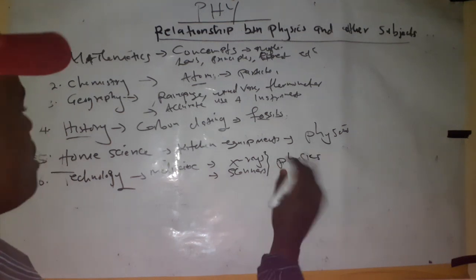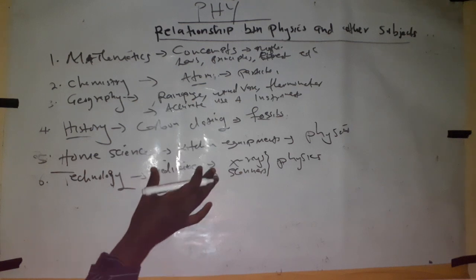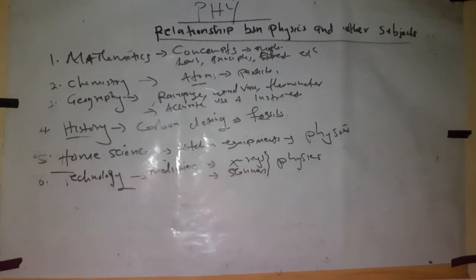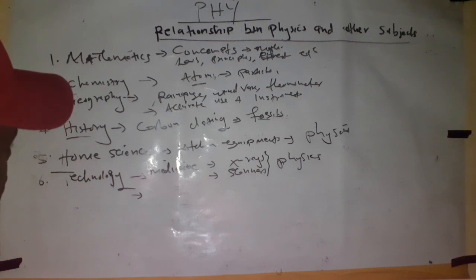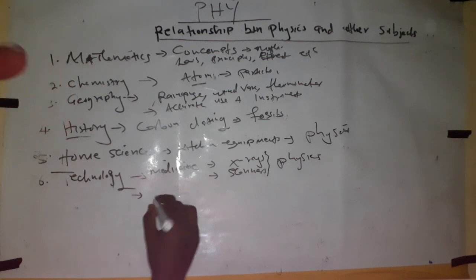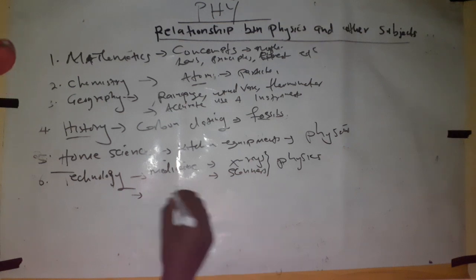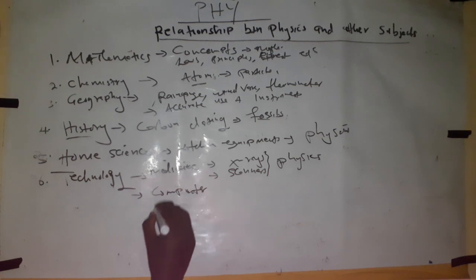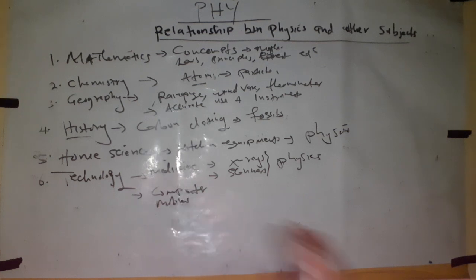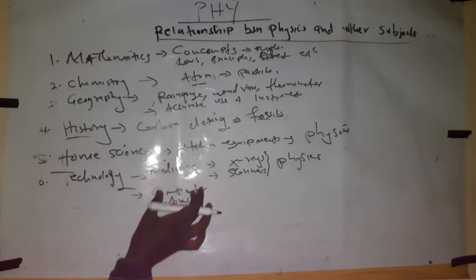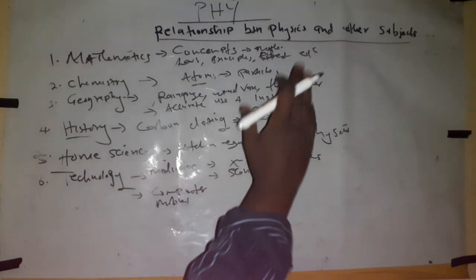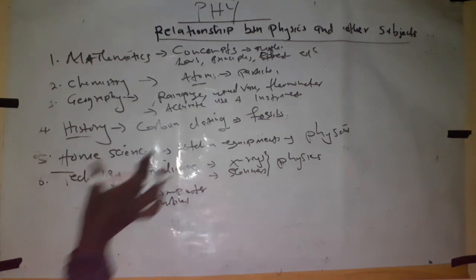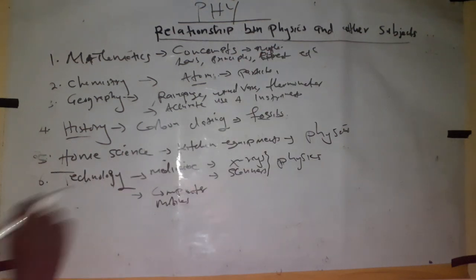So you see how physics is important in medicine, and that is how physics is related to technology. We also have the making of modern instruments, like computers and mobile phones, which maybe you are using right now. These mobile phones and computers require physics knowledge for them to be made. So that is how physics is related to technology.